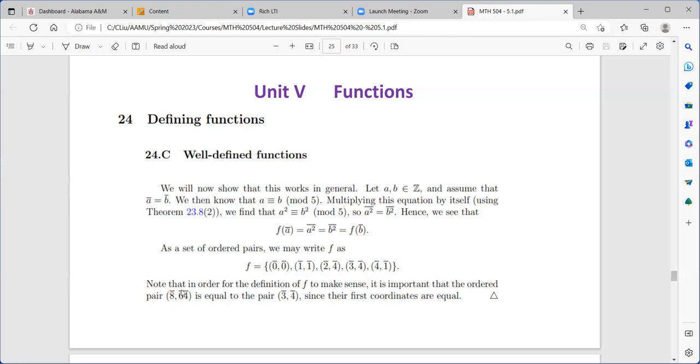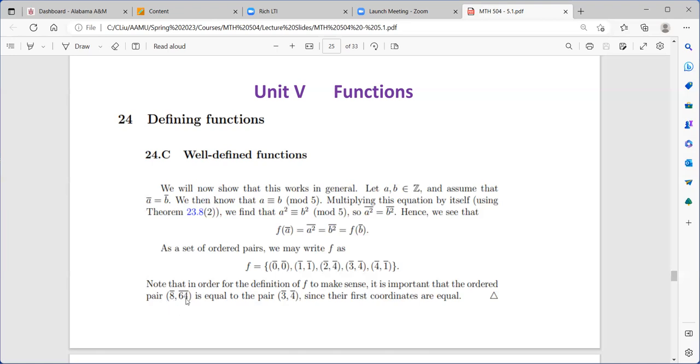We just talked about 8 bar. If you square 8, you get 64. So the ordered pair is 8 bar, 64 bar, but that is the same as 3 bar, 4 bar. If you divide 8 by 5, you get 3 as the remainder, and if you divide 64 by 5, you get 4 as the remainder. So that's the same as 3 bar, 4 bar.